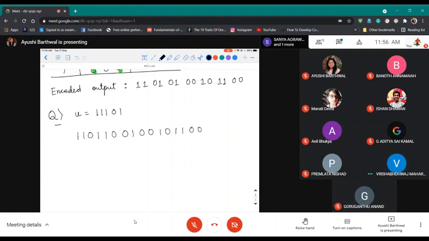I think this is correct. Let me recheck. Ma'am, for the second bit, we are taking modular addition of DK and DK minus 2, right? Okay. So I think it should be, ma'am, I put 1111.